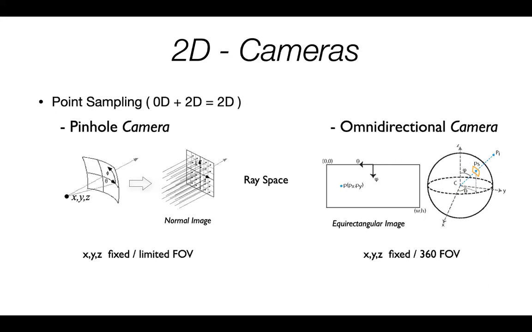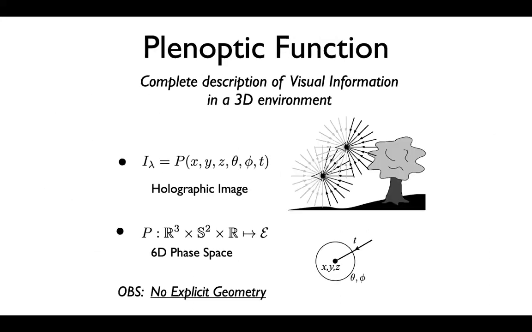So basically, the omnidirectional camera is the most complete 2D camera because it captures all rays that are incident at single points. And if we refer to this image here, each point in space receives light from all directions. So an omnidirectional image captures all the light that comes at a single point.